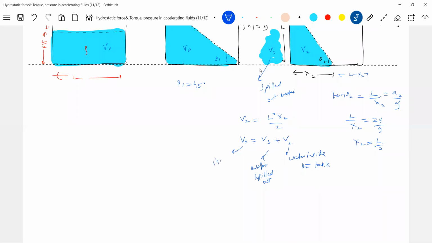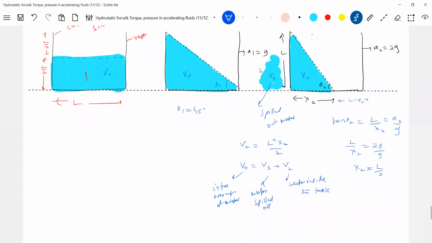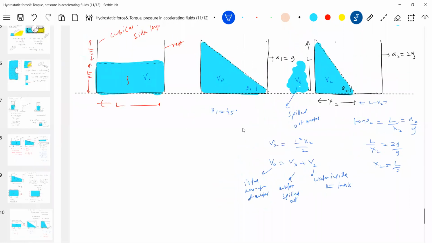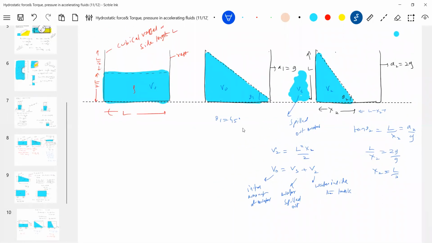There's an initial volume, the initial amount of water. These are all very general observations. So how much spilled out water? V0 is equal to V2 plus Vs. V2 is L square x2 by 2. What is x2? x2 is L by 2.